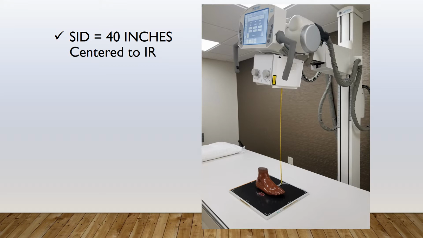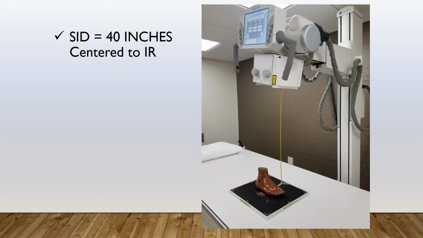When I'm setting that SID, I take my ruler out of my x-ray tube and bring the ruler down to the image receptor at the point where the central ray will cross the image receptor. So if I have a 40-inch SID, I want to make sure it's 40 inches to the crosshair of the image receptor.